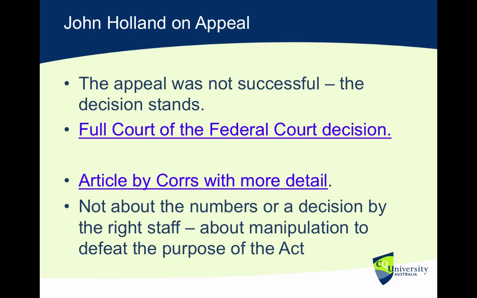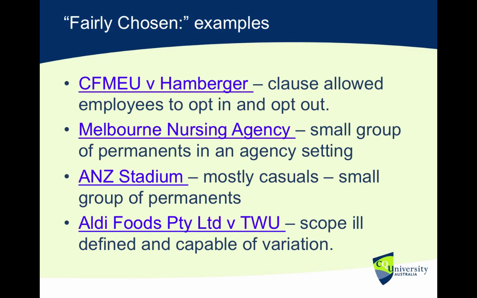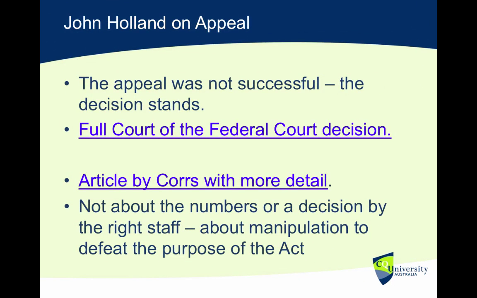Now, what happened in this John Holland case, which was on appeal, and there's a shorthand version of it in your textbook, was there was quite a small group of workers who were going to approve an enterprise agreement for a larger group.